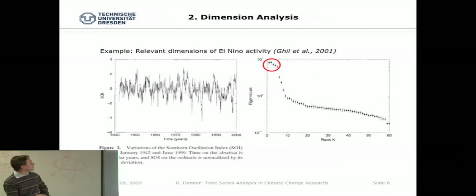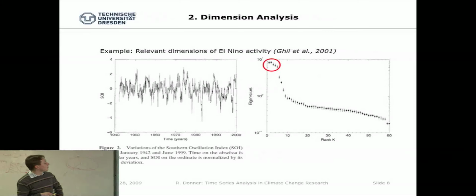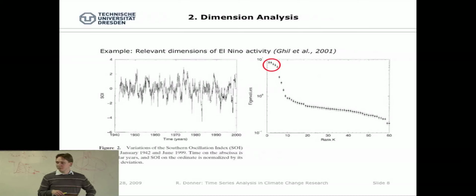What you see from this plot is that when you do this very high dimensional embedding and perform the singular system analysis, you end up with exactly 5 components which are much more significant than the rest. So these 5 would be a reasonable number for the dimension of your phase space. That's how this method works in principle.